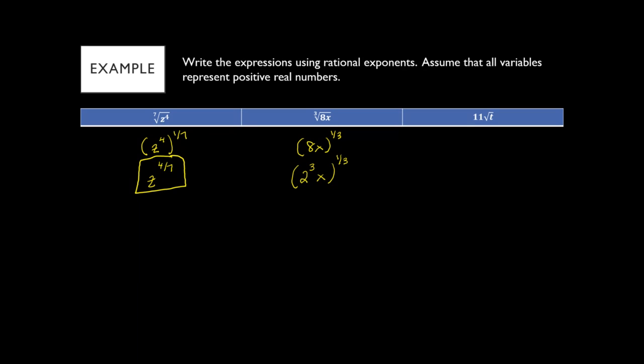And we can simplify this. We can use our rules of exponents where you distribute that outside exponent to the inside. So I have 2 to the 3rd to the 1/3 power, and then x to the 1/3 power. And then 3 times 1/3 is equal to 1. So I just have 2x to the 1/3.